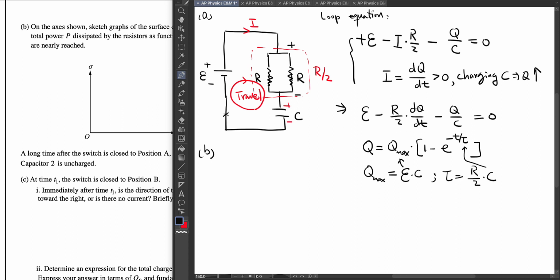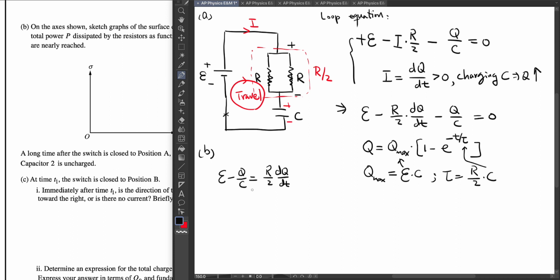Okay, so the two variables we have here are Q and t. So let me group EMF minus Q over C together, and on the right side I'm going to move R over 2 dq/dt.